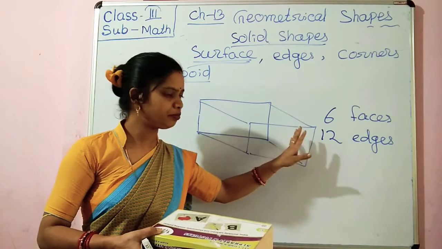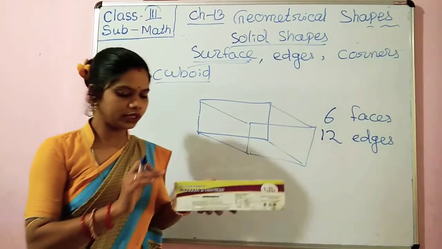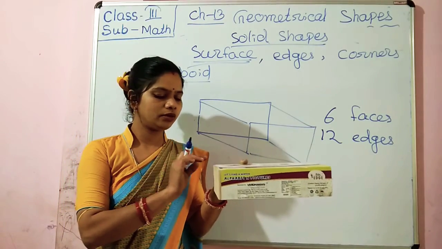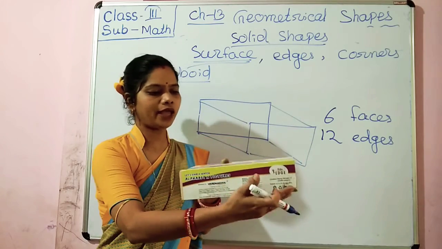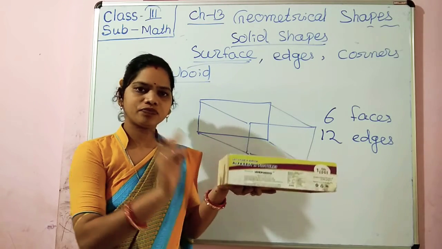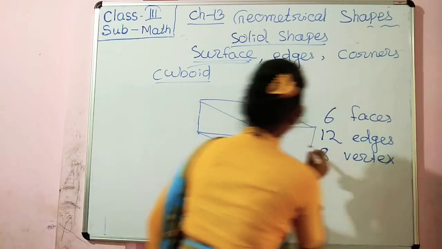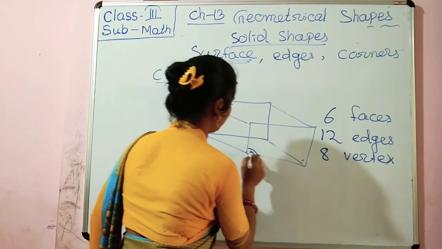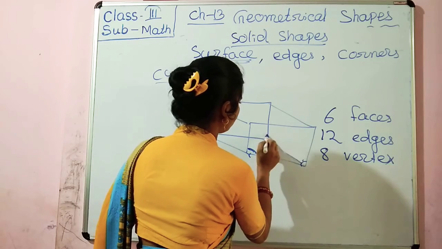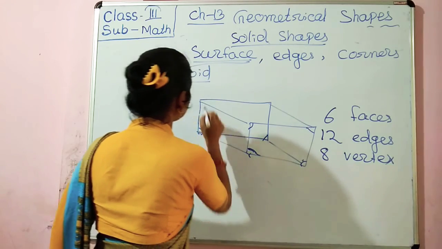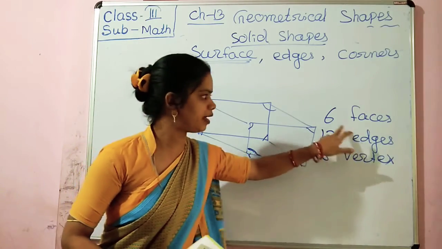Then how many vertices? What is a vertex? The corners are called vertices. Look, 8 vertices, 12 edges and 6 faces.